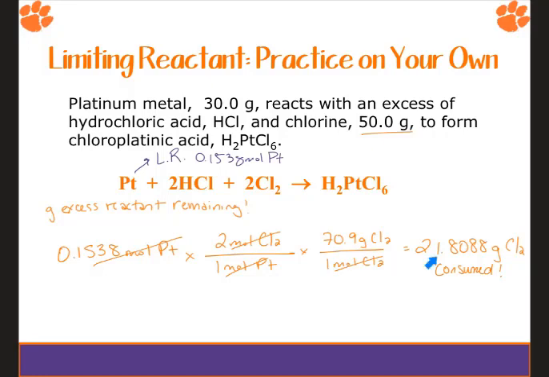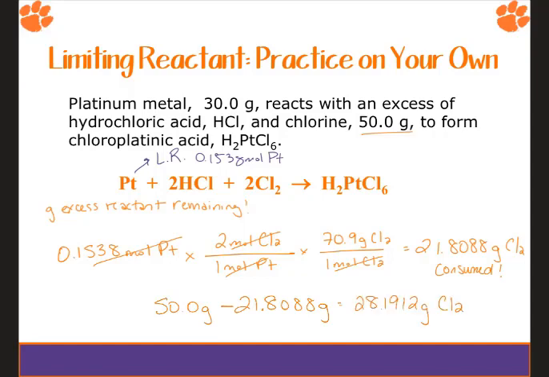So I find that I have roughly 21.8 grams of chlorine consumed. Always a good check is to make sure that this number is less than the number of grams that you started with, because if it's not, you probably calculated your limiting reactant incorrectly. So here we have 50 grams of chlorine that we started with. We're going to subtract from it the amount of chlorine that we consumed and get how many grams of chlorine are left over at the end of the reaction.